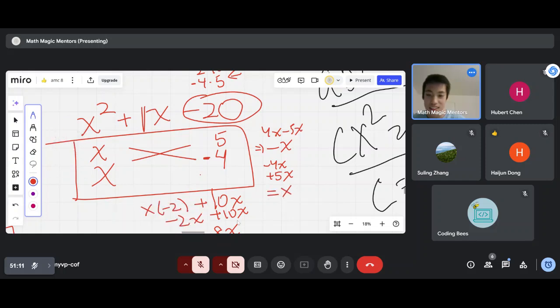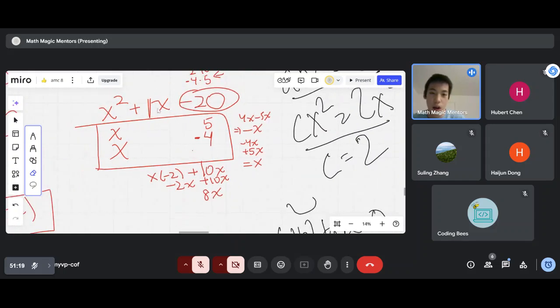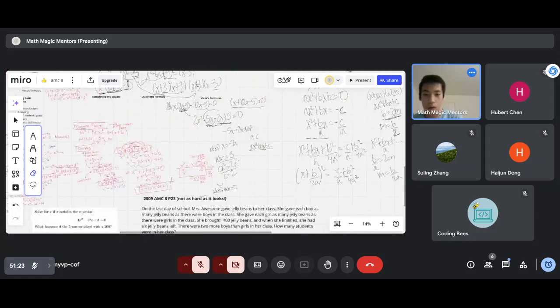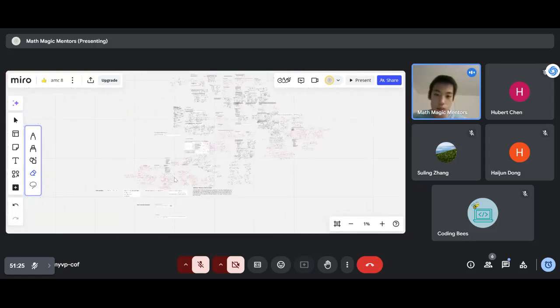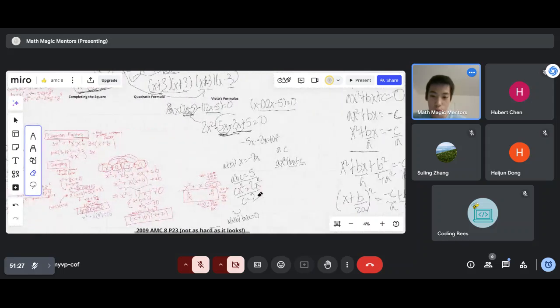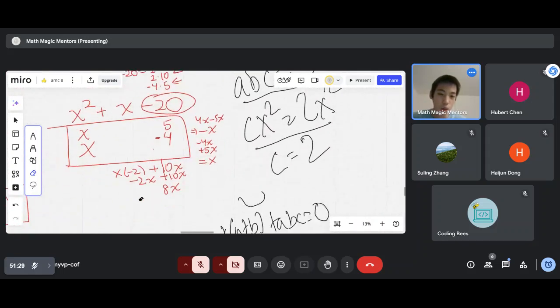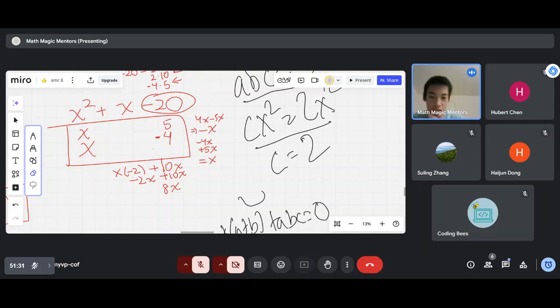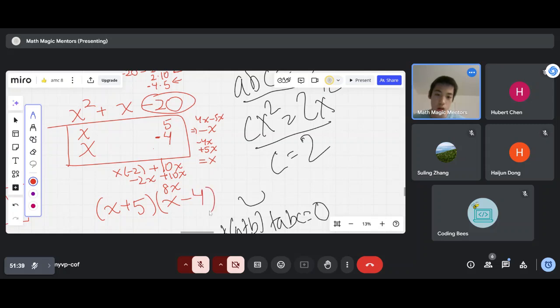There you go, because negative 4x plus 5x is 1x, and the sum of the products of the cross is 1. Once your cross is valid, you can factor the quadratic: x plus 5 times x minus 4.